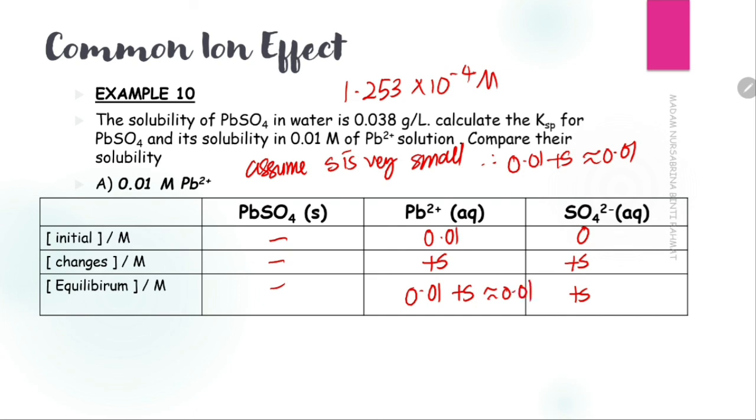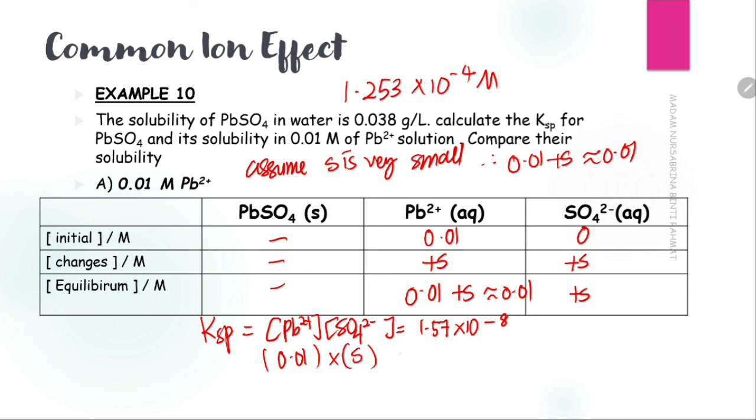So let's substitute into our KSP expression. KSP equals Pb2 plus times SO4 2 negative, which equals the calculated KSP from the previous slide, 1.57 times 10 to the power of negative 8. We substitute 0.01 for my lead ion, times S for my sulfate ion, to get 1.57 times 10 to the power of negative 8.